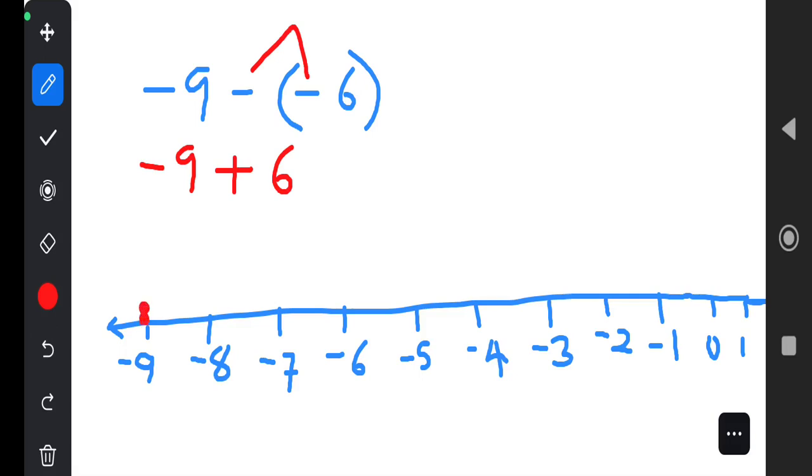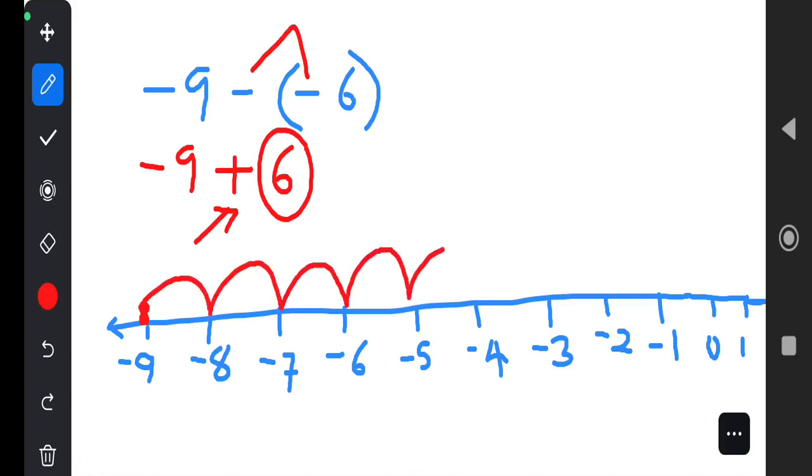Now this plus in the middle simply means that you should move to the right. How many times are you going to move to the right? You will move 6 times. Now let's move 6 times to the right. You have 1, 2, 3, 4, 5, 6. Now we ended at -3. That means that the final answer to this question is -3.